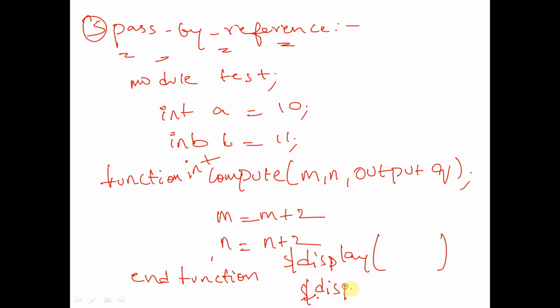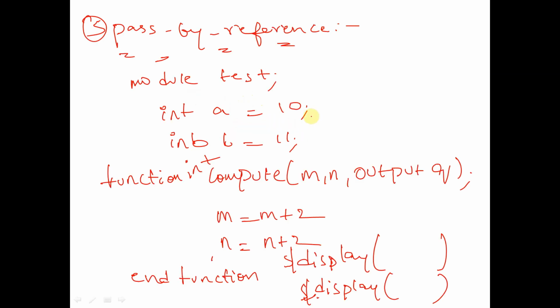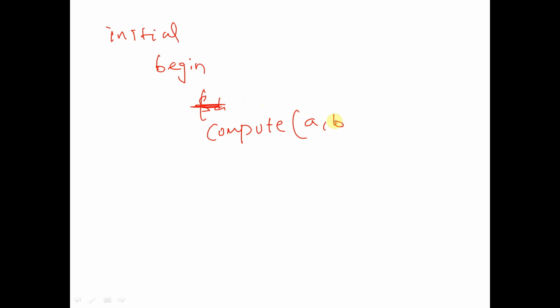Within an initial beginning block, first I will call the function compute, and I will pass the values of a comma b. Now I will display the values of a comma b. Normal display statement we can use.